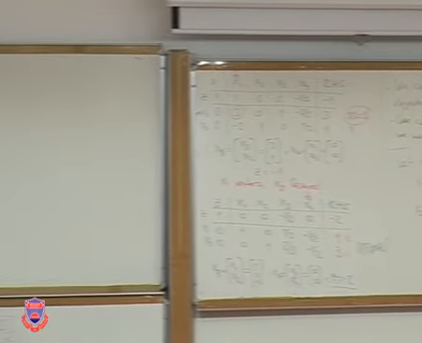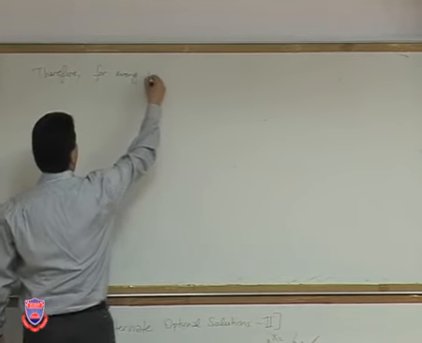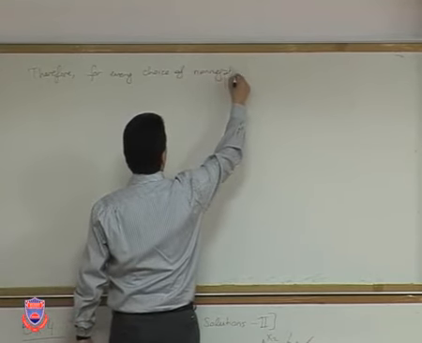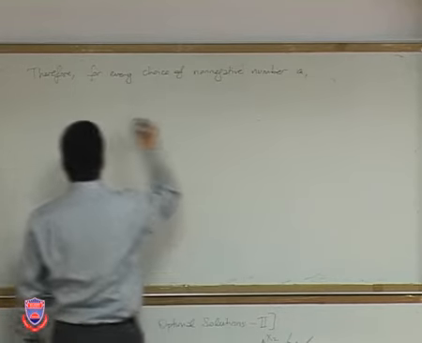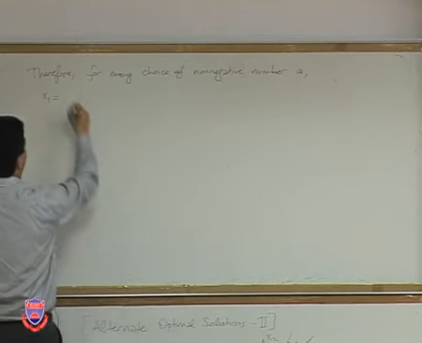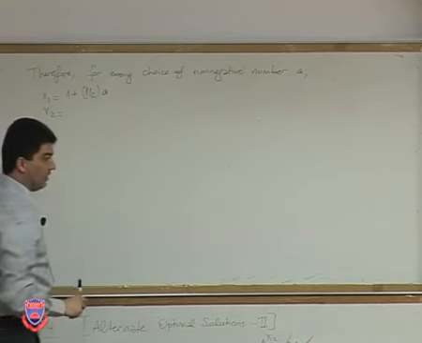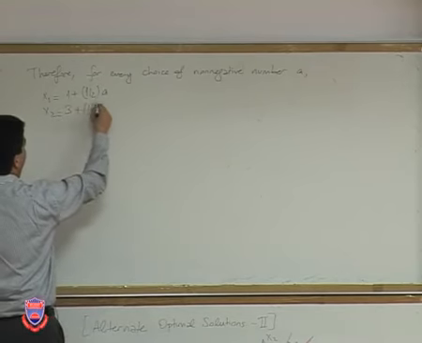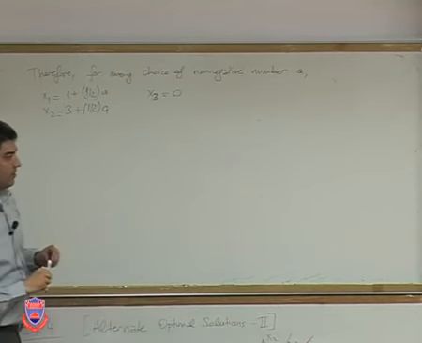For every choice of non-negative number a, I can set x1 equal to 1 plus 1 over 2a, x2 to be 3 plus 1 over 2a, and x3 always equal to 0, so the value of x3 does not change.